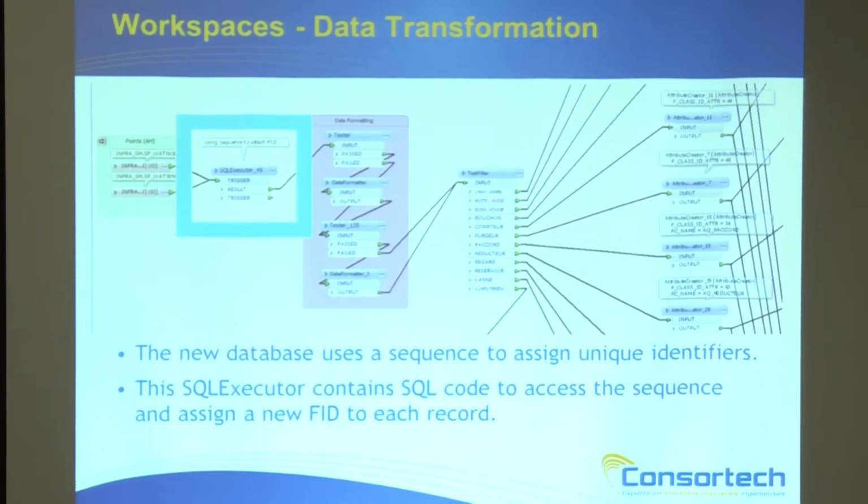We used FME to set off the trigger in the database and give us the new feature ID, so that when we put it into the database, we already had the ID, and the ID was associated both with the geometry and with the attribute data. So we tag it on right at the beginning to each feature, and then we separate spatial data and attribute data. We use an SQL executor to run a script to go get the next value in the sequence.